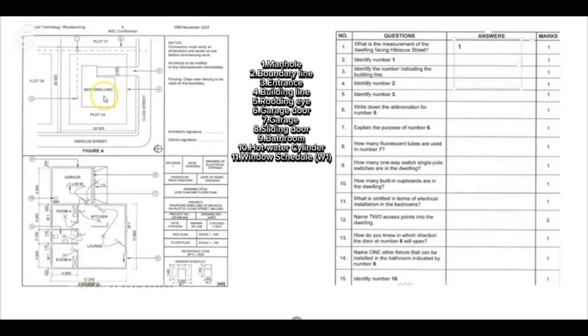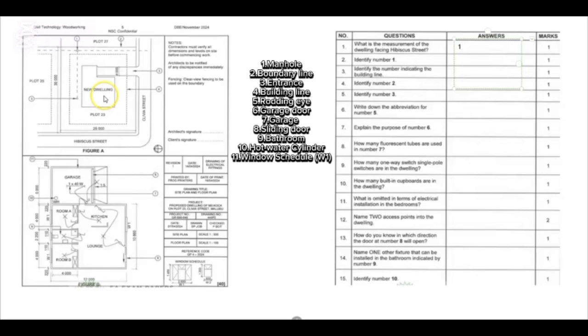Number 4, the dashed line running inside the boundary, that's the building line, the limit where no permanent structure may be built. And lastly, in figure A, number 5, this points to a line labeled RE, that stands for Rodding Eye.